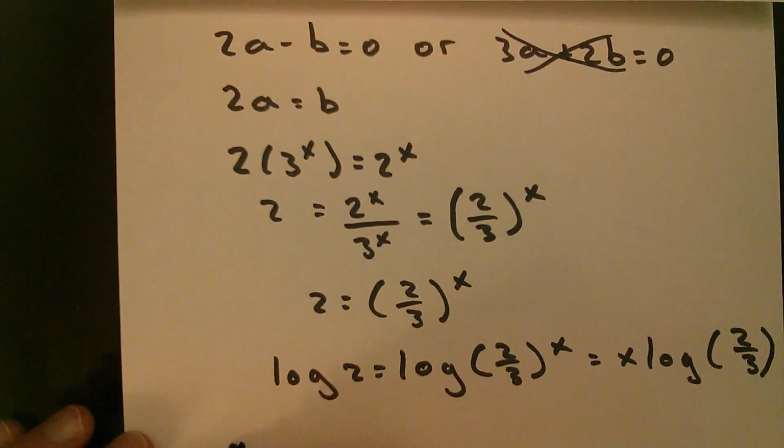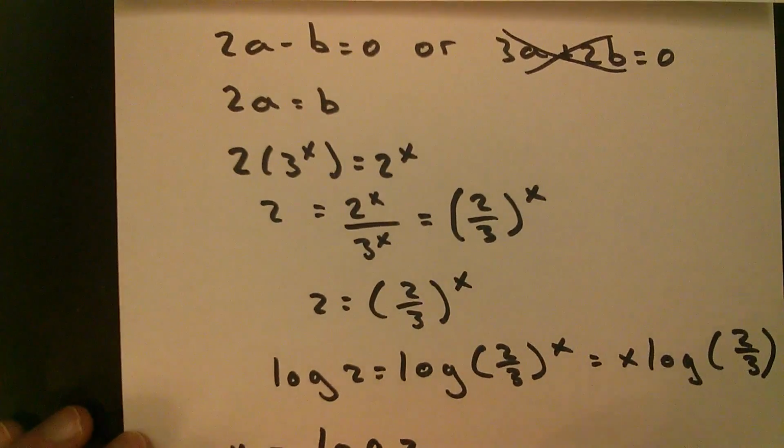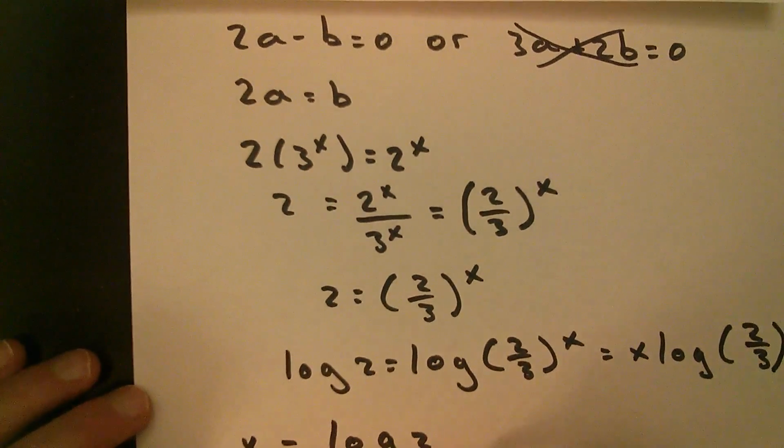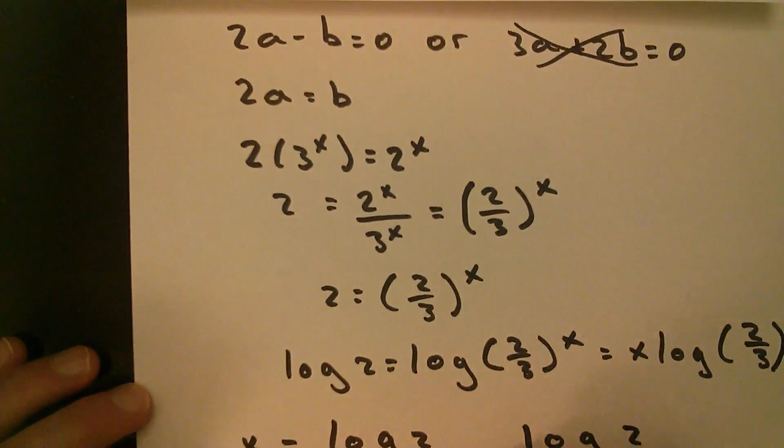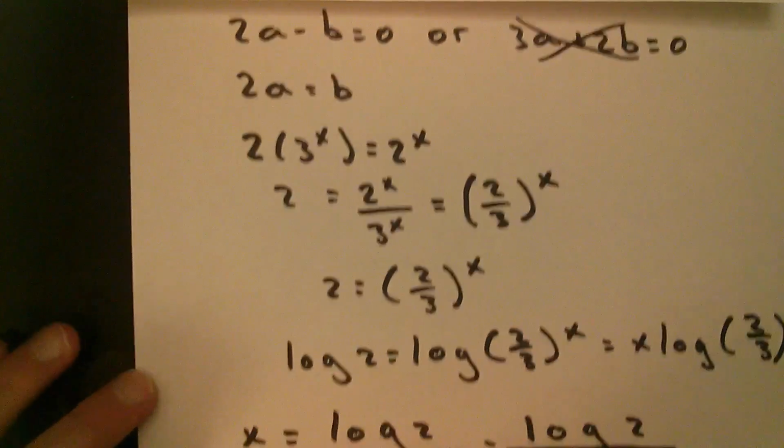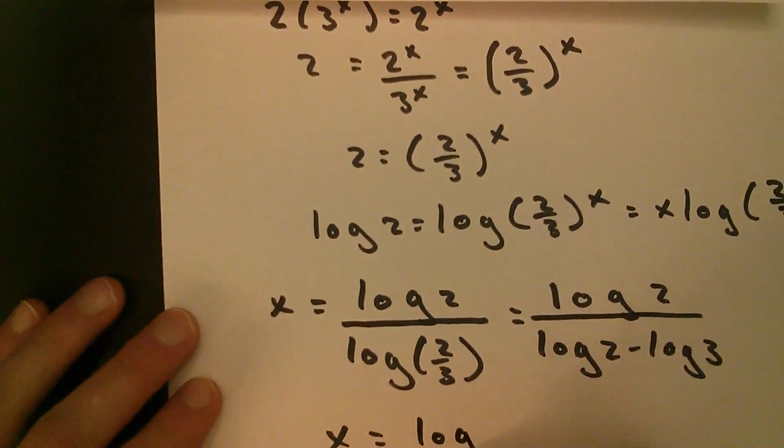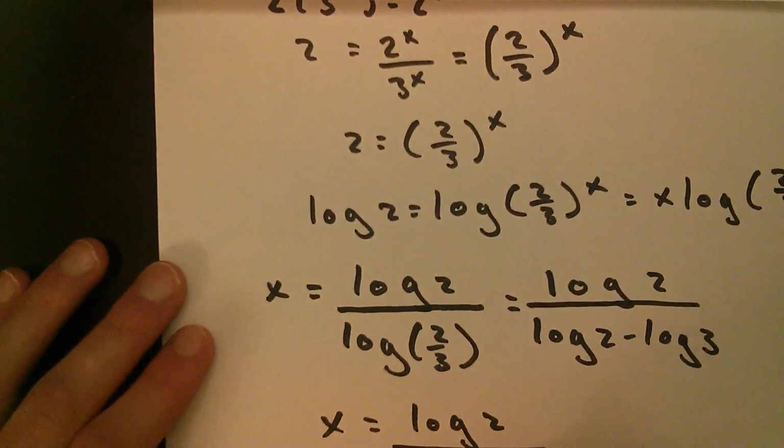So I get x equals log of 2 over log of 2 over 3. Or using logarithm properties, you can simplify this even more to say log 2 over log 2 minus log 3. And that is your solution. x equals log 2 over log 2 minus log 3.